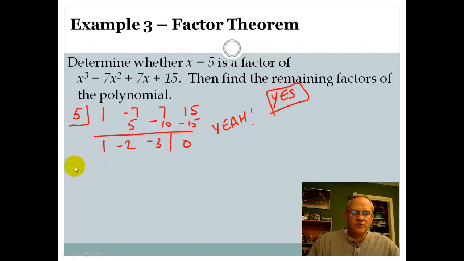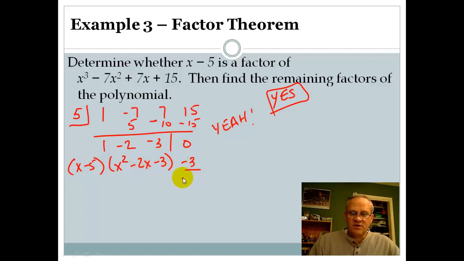And what's left? Well, remember we had the x minus 5. And what's left here is, remember the depressed polynomial? It's not x to the third. It goes down 1 to x squared minus 2x minus 3. Now, can this be factored down any further? Maybe. Let's see. Can we find anything that multiplies to be negative 3 but adds up to be negative 2?